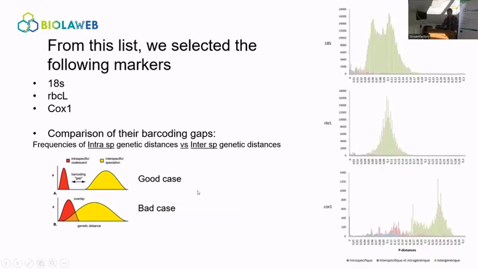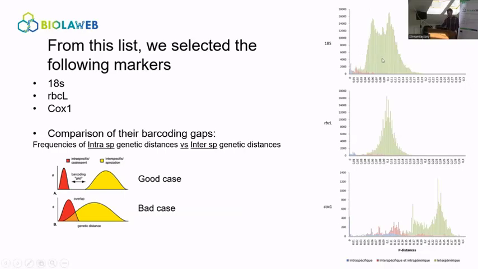So what happens with our diatoms? Here you have 18S, RBCL, COX-1, and you have the number of distances with the classes of distances. Here you have identical distances, so when sequences are identical, and the more you go to the right, the more the sequences are different.